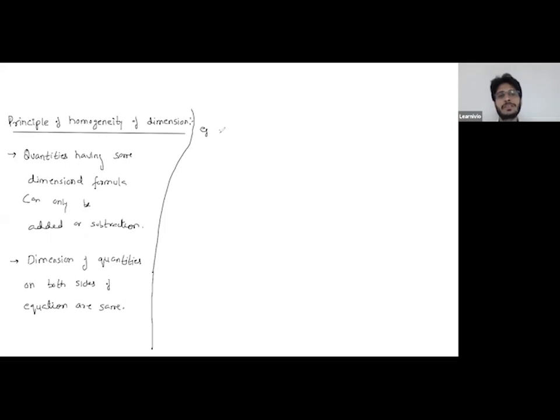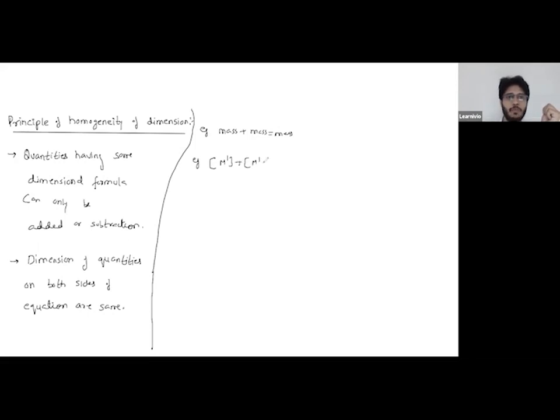For example, let's say we have mass. We can add mass to mass and the end result would be mass only. So to the left of this equality sign, the dimension formula is M1. To the right of this equality sign, the dimension formula is M1. So whenever you have equality in your equation, the dimensions of the quantities to the left and to the right of the equation are exactly the same. This is the simple principle of homogeneity of dimension. One more example.